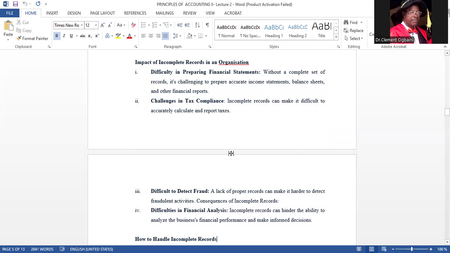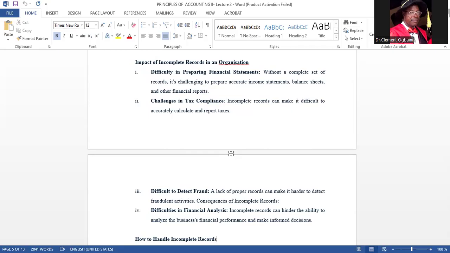So you cannot prepare a trial balance, and you cannot prepare a trading profit and loss account. You cannot prepare a balance sheet. You cannot prepare a statement of cash flow, and also you cannot prepare a statement of retained earnings because the records that are available to you are incomplete.